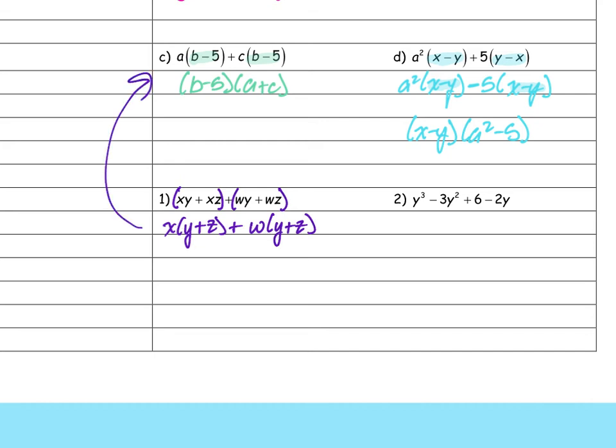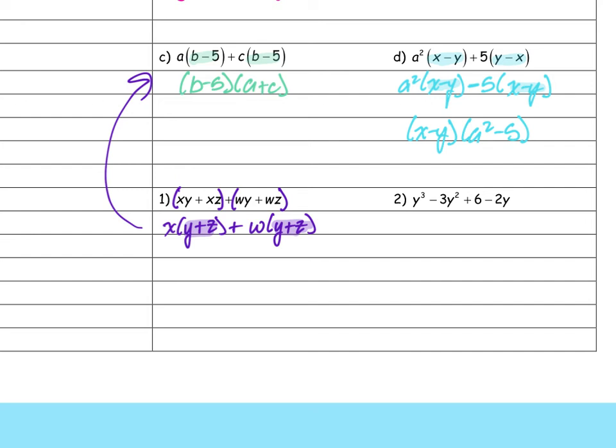Okay, so when I'm factoring by grouping, I want to be paying attention to one thing. If I get this inside my parentheses when I factor by grouping, I better get the same thing in my second group. So I want to make sure that when I set up my groups and factor out, I'm going to get the same thing inside the parentheses.